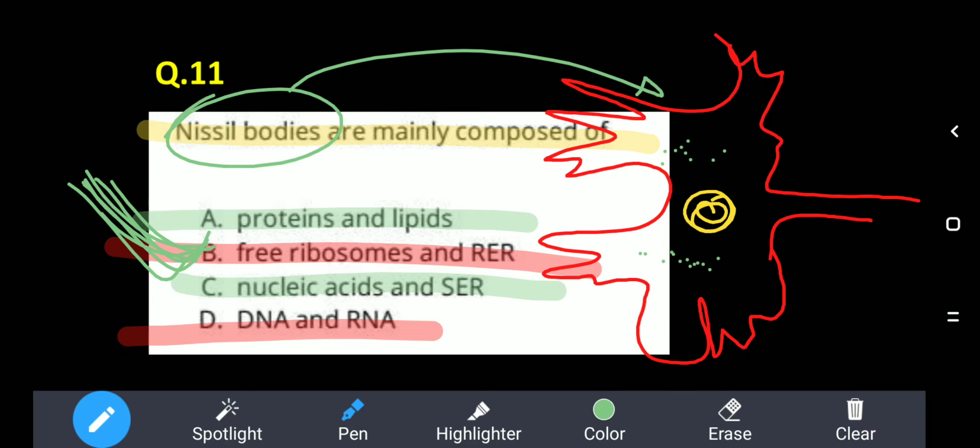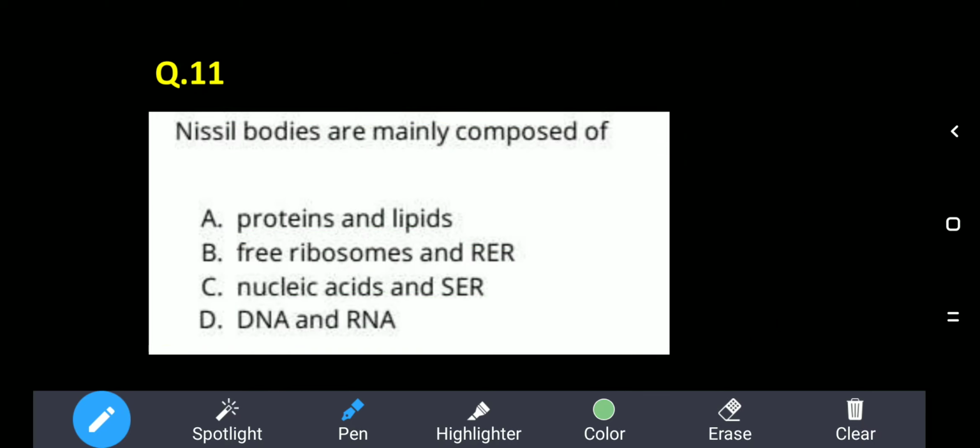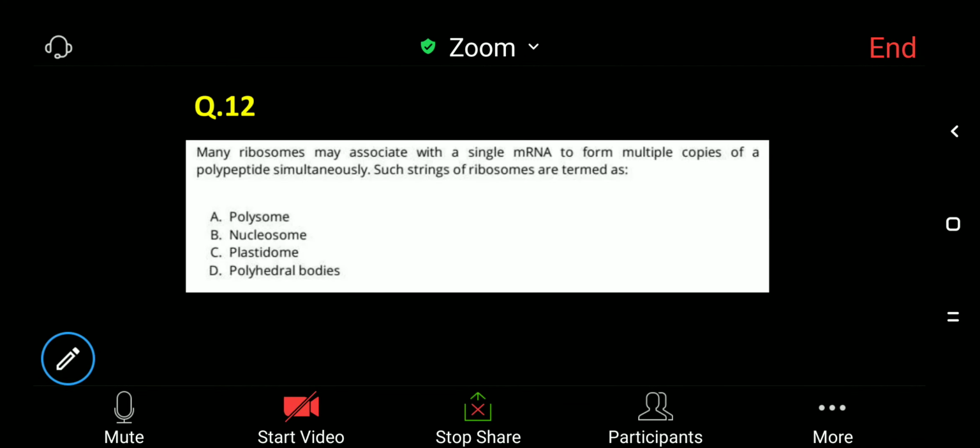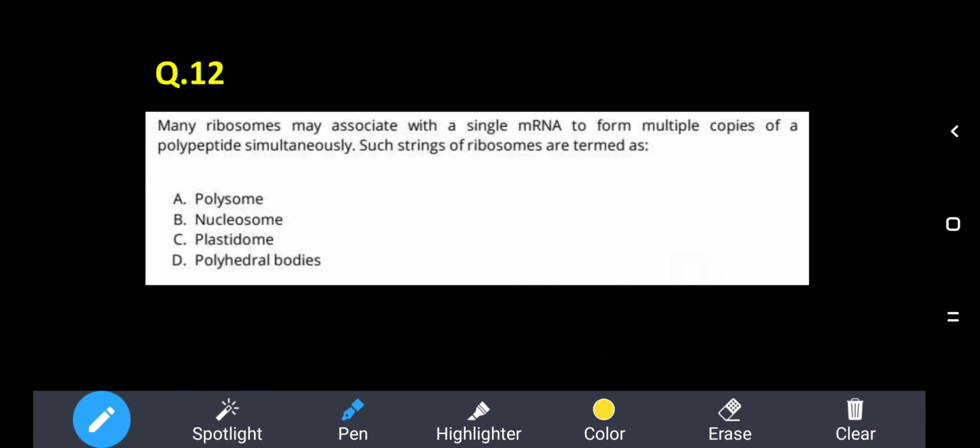There was not much explanation in this part. Question number 12: many ribosomes may associate with a single mRNA to form multiple copies of a polypeptide simultaneously.